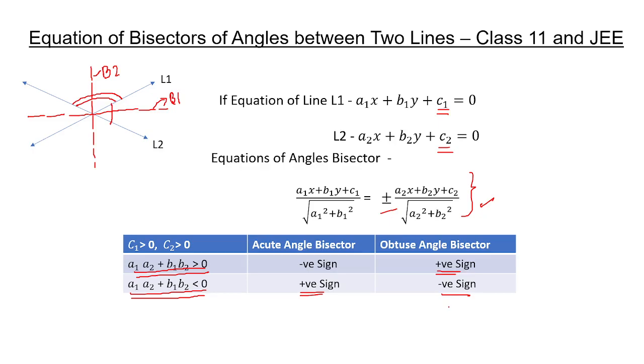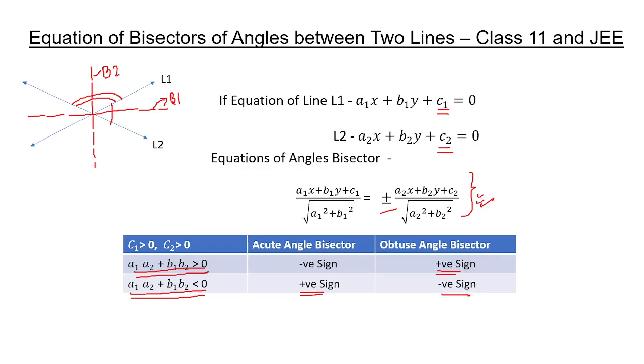Now I'll tell the trick to remember it. It's very simple. You have to see the sign of a1a2 plus b1b2. If the sign is negative, then you have to take the positive sign in this formula.